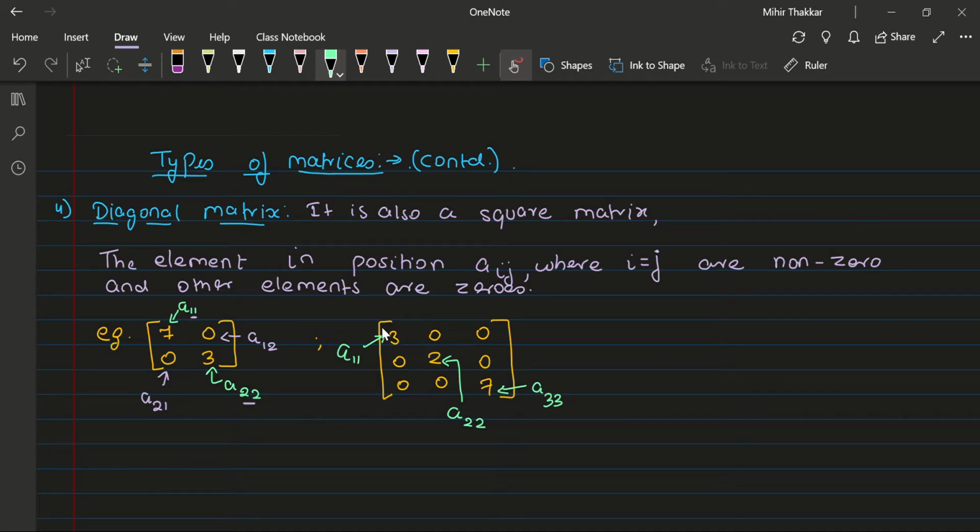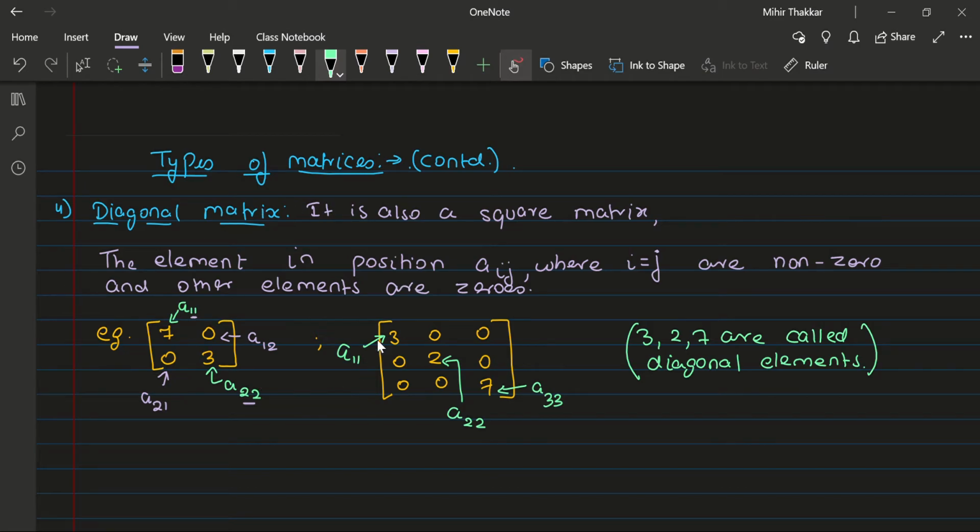These elements 3, 2 and 7 are called diagonal elements. So that is a very important type, guys.